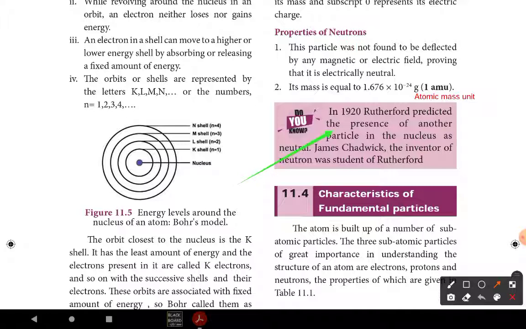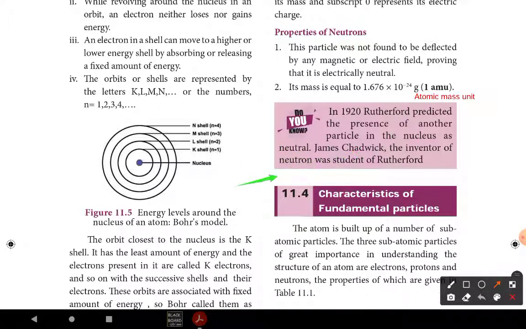He said it in 1920. But what did James Chadwick do? He continued and did some experiments, and he discovered the neutron. Through experiments he found out that there is a neutron. This thing which Rutherford spoke of in 1920 is nothing but the neutron.